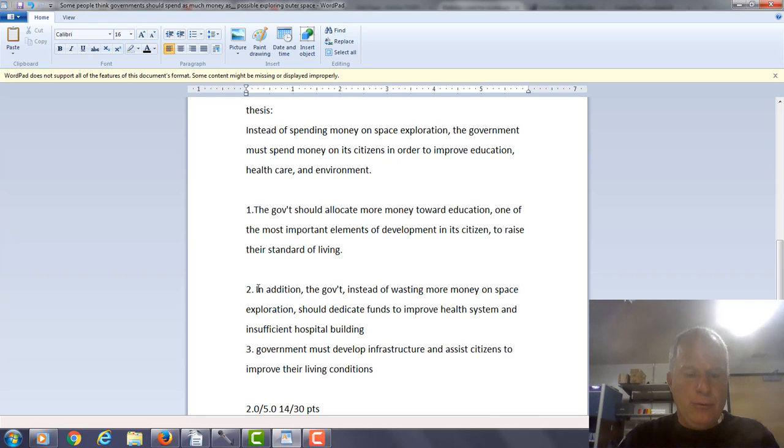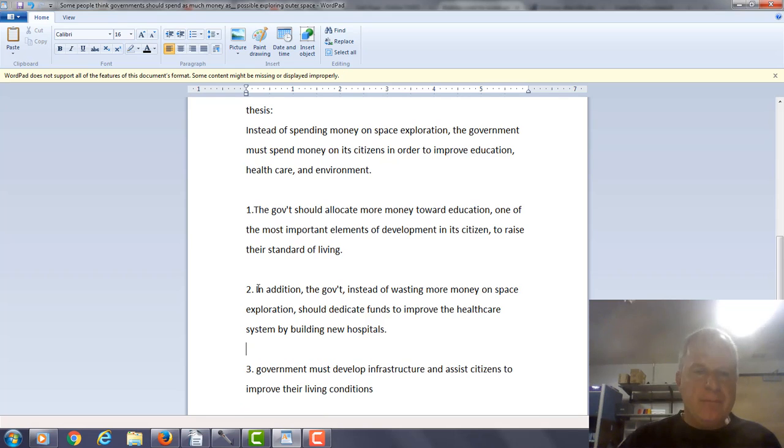Maybe to improve the health care system, you might say by building new hospitals. Now we have more of an argument. So we say, in addition, the government, instead of wasting more money on space exploration, should dedicate funds to improve the healthcare system by building new hospitals.